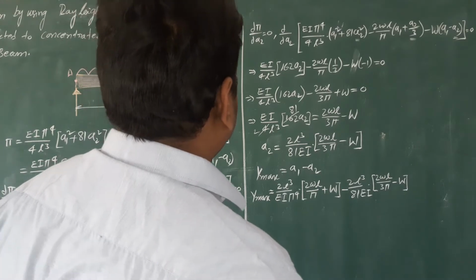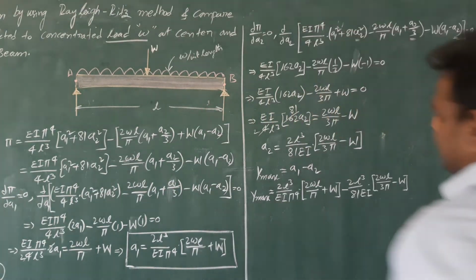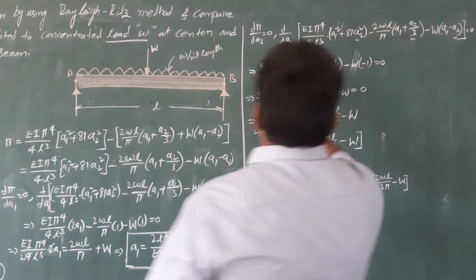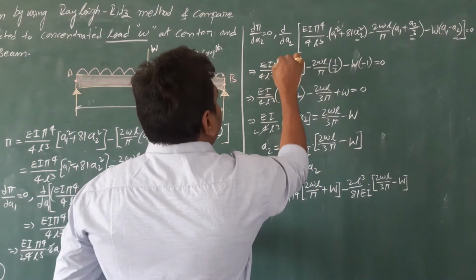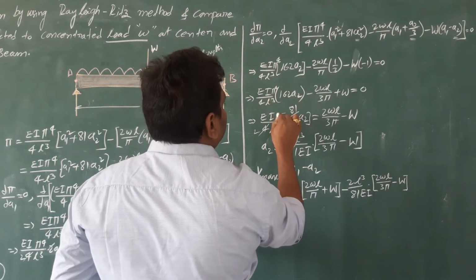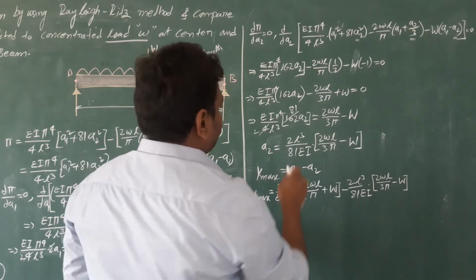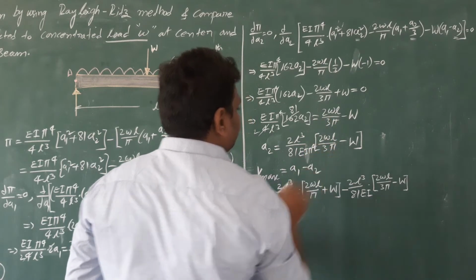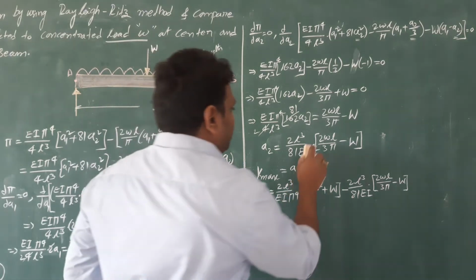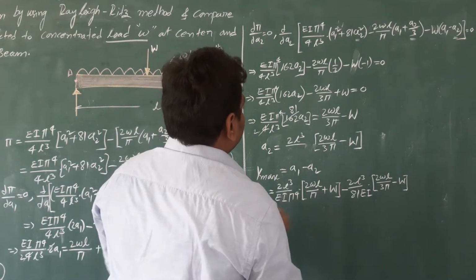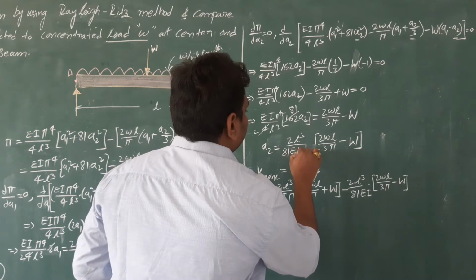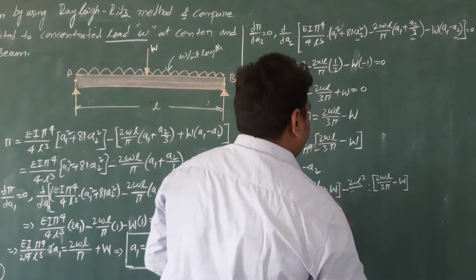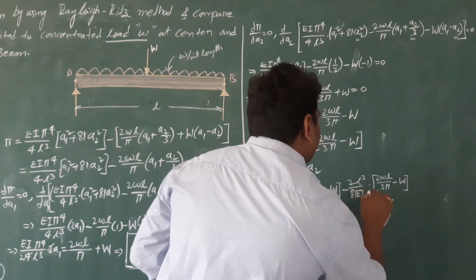So wait one second. Wait, here we have forgotten the pi power 4 value. That's why here 81 EI into pi power 4.